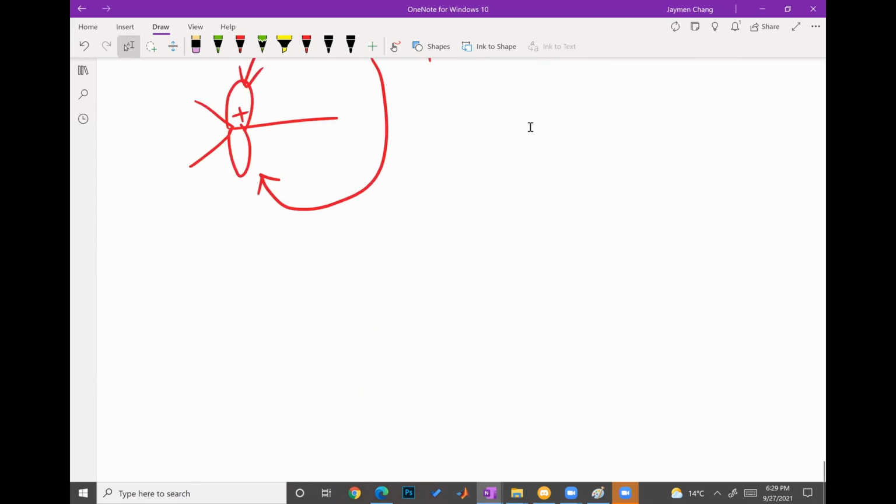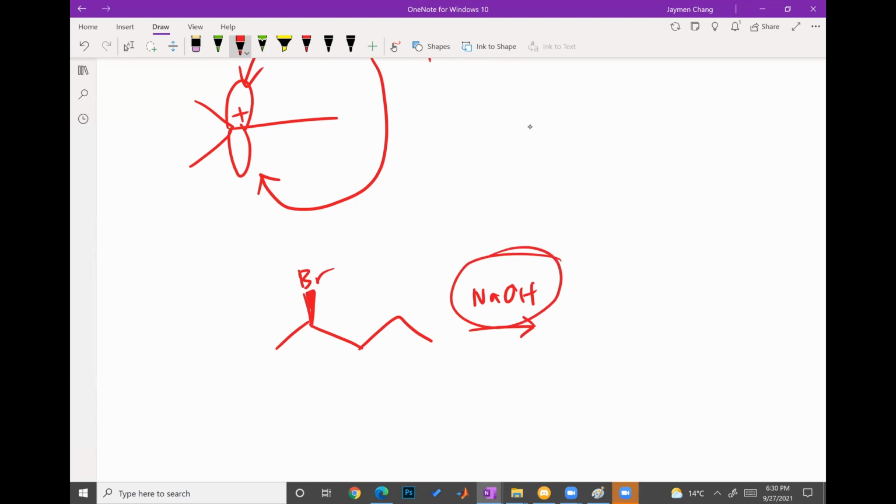So for example, if you saw a reaction like this, and we had NaOH, would you predict this to be SN1 or SN2? SN2, perfect, right? Because this is a basic environment. Okay, so that's how we're going to determine whether it is SN1 or SN2.